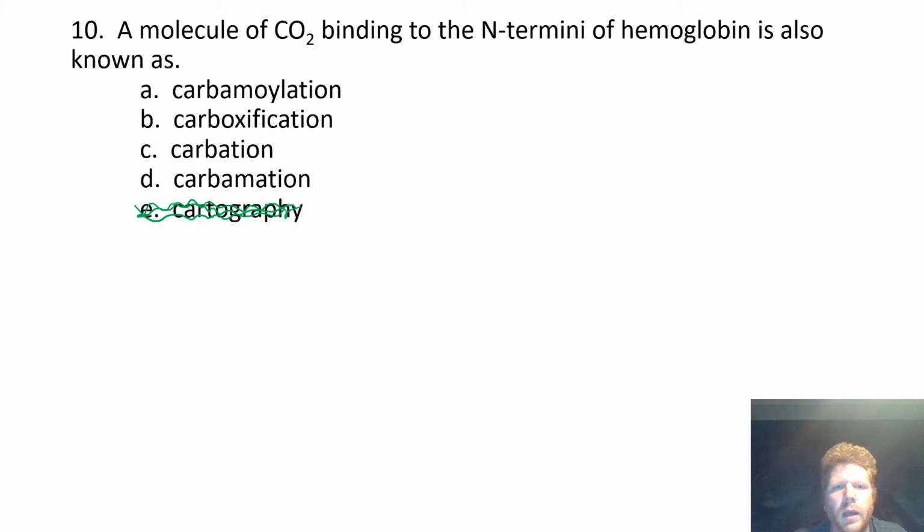That's the study of maps. Carboxylification, carbation, carbamation, these are all kind of viable answers. And again, this is like question number 9. You just had to know this information. You had to know this term in order to be able to decipher it. You're not going to be able to deduce it necessarily.